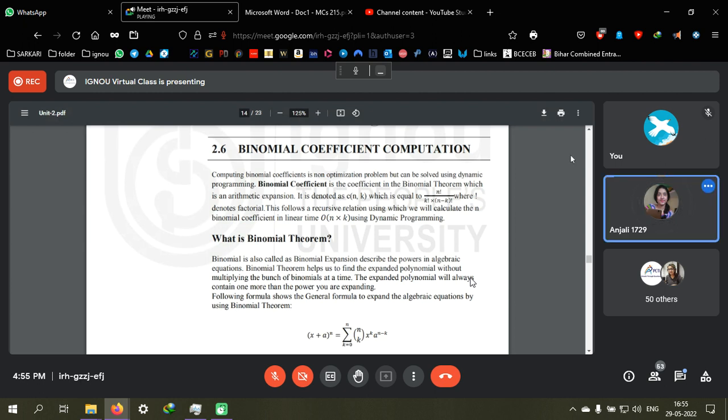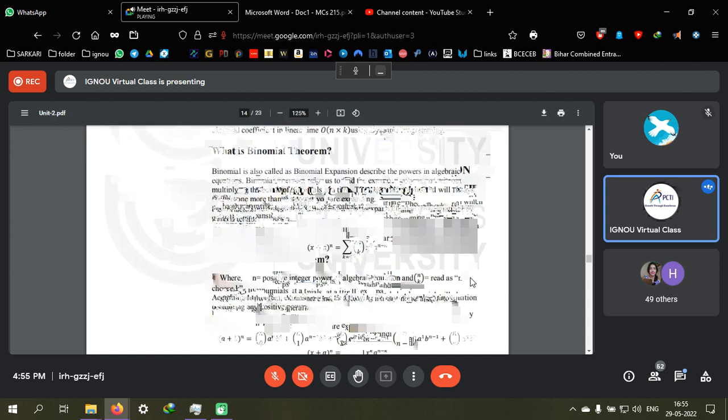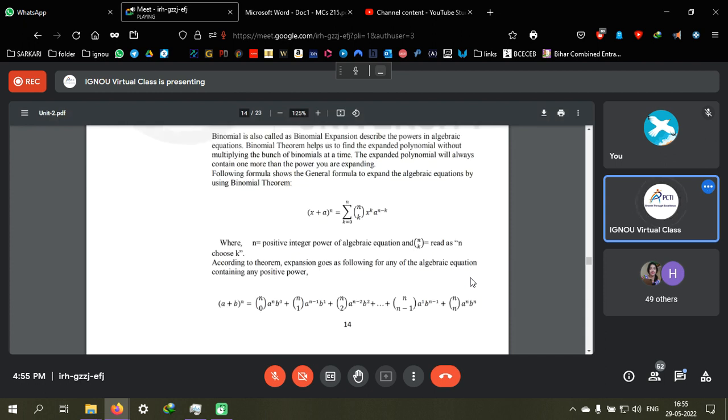Which formula? Can you tell me the formula? I think we are using the permutation and combination formula here. Yes, absolutely right. So that is the binomial theorem.